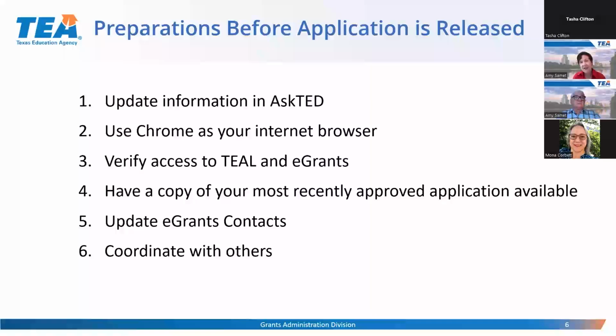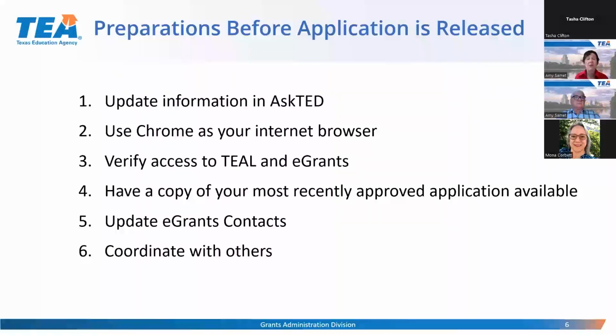Very often, a new superintendent will not get identified in Ask TED, and that becomes a problem down the road when that person submits an application. So keep your updated information in Ask TED. Make sure that all the numbers are current, that the contacts are current. It's real easy to forget in a year's time when you have new staff on board. Make sure those folks are identified.